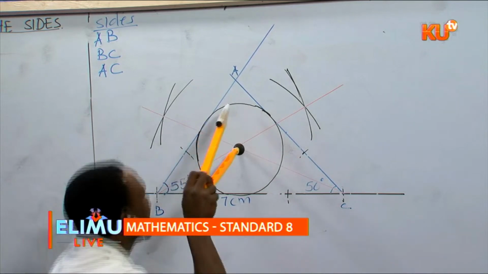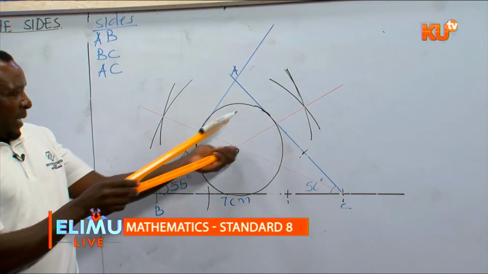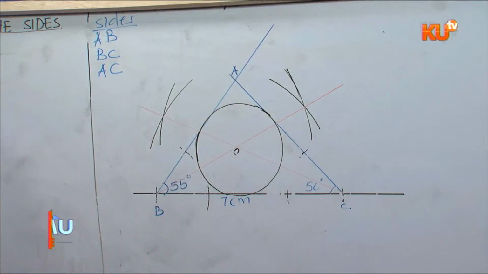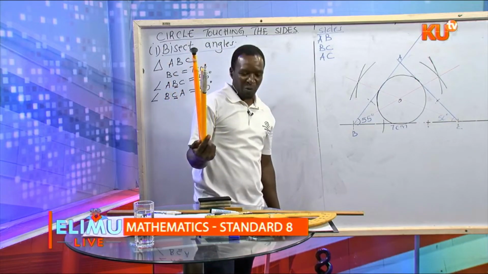And if you look at that circle, it is touching the three sides. And don't change, this is the radius of our circle.